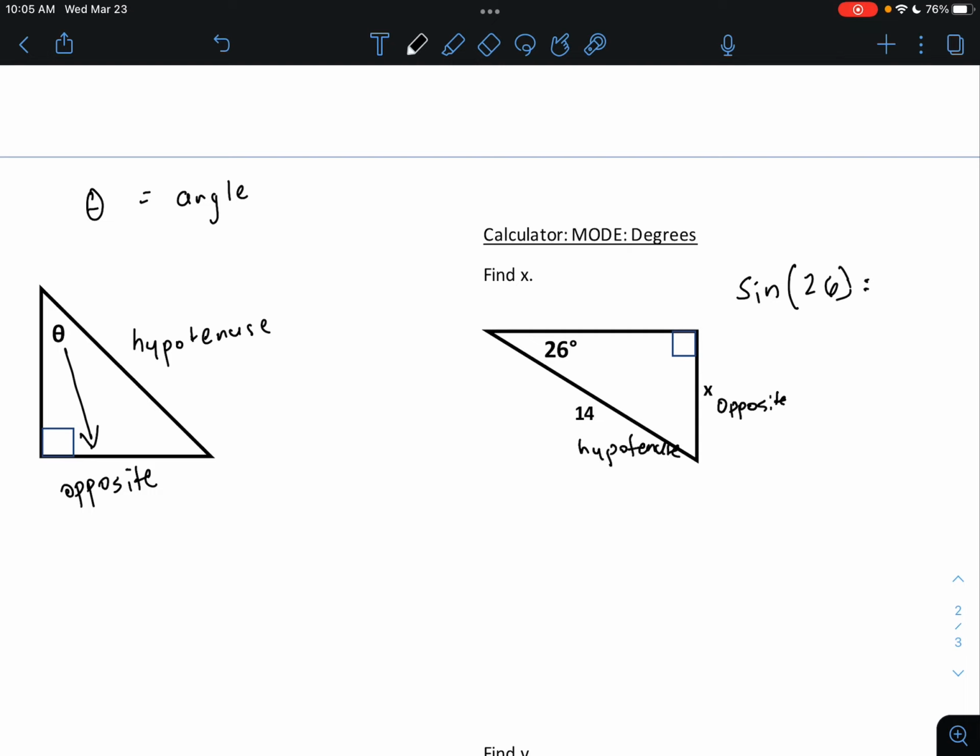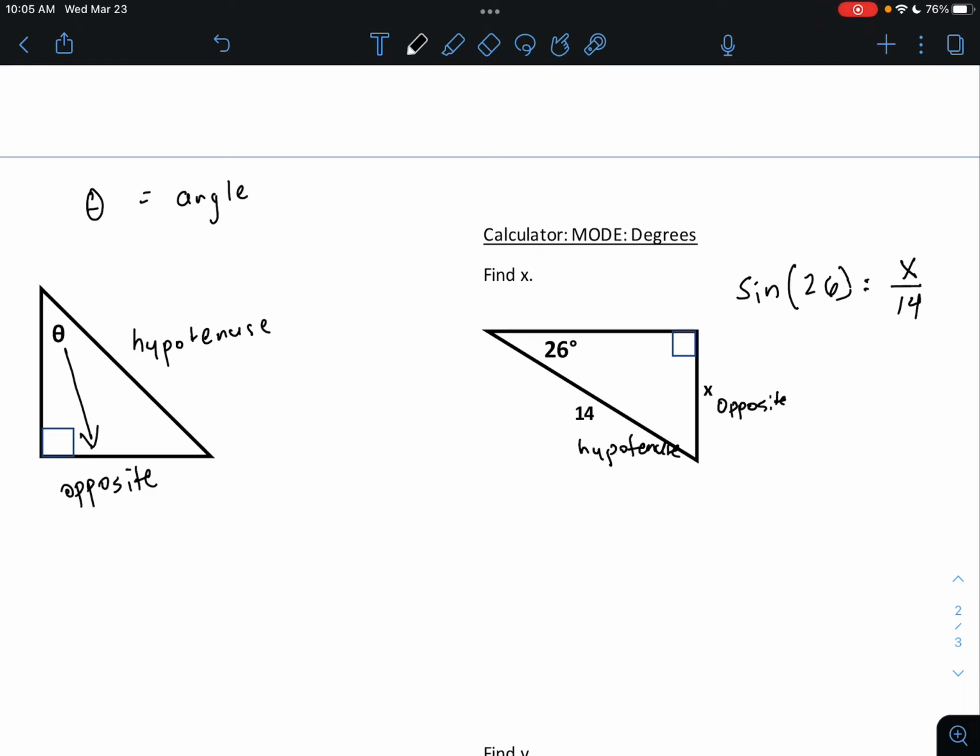My opposite side in this case is x, and my hypotenuse is 14. So now I have an equation that tells me the sine of 26 equals x over 14.